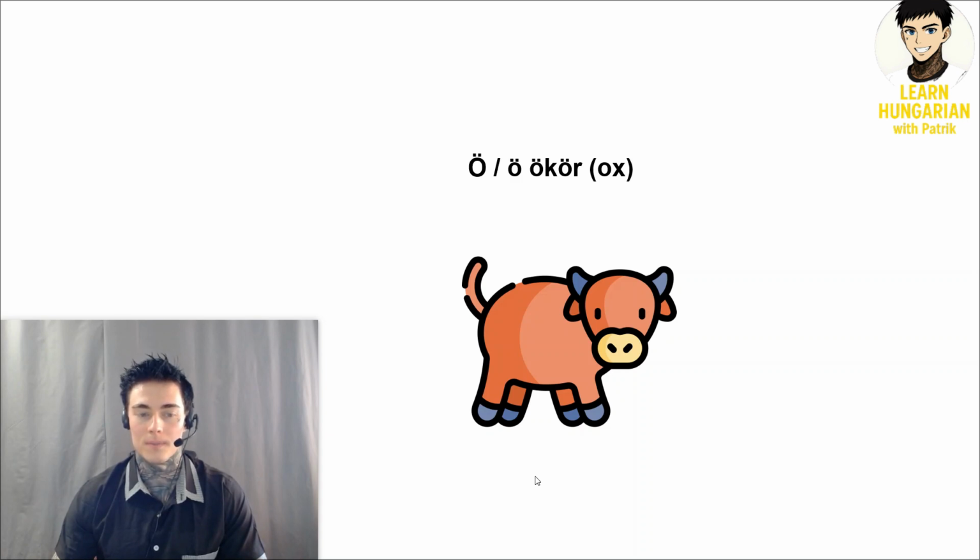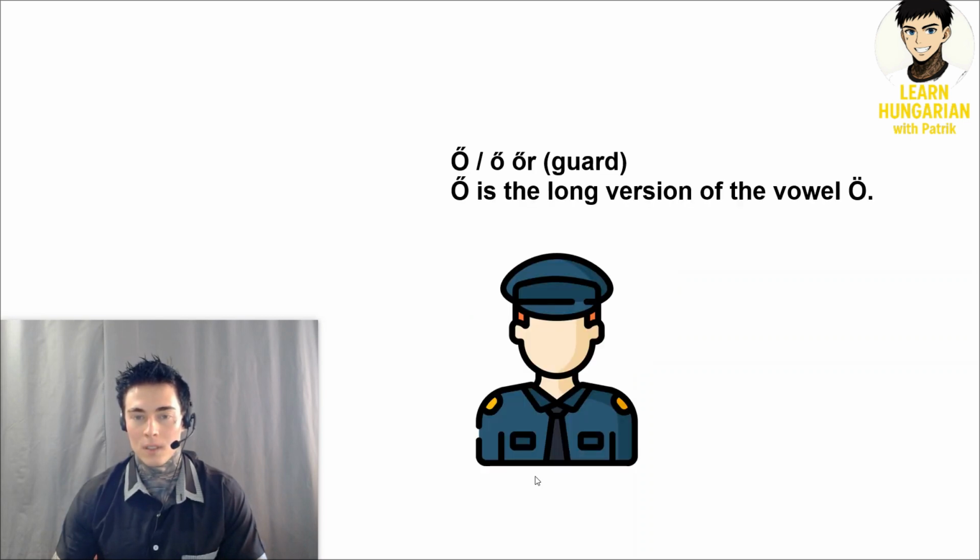Ö, ökör. Ő, őr. Ő is the long version of the vowel Ö.